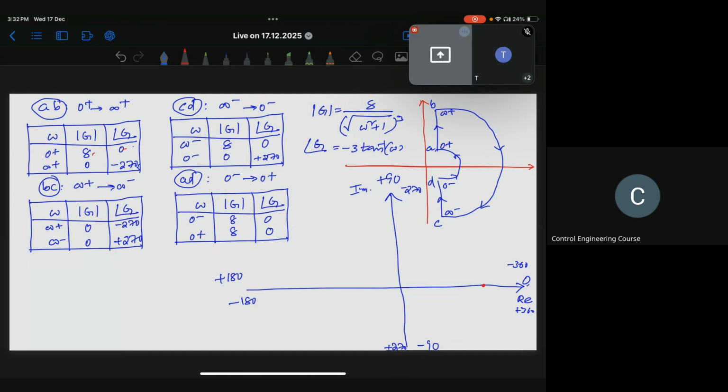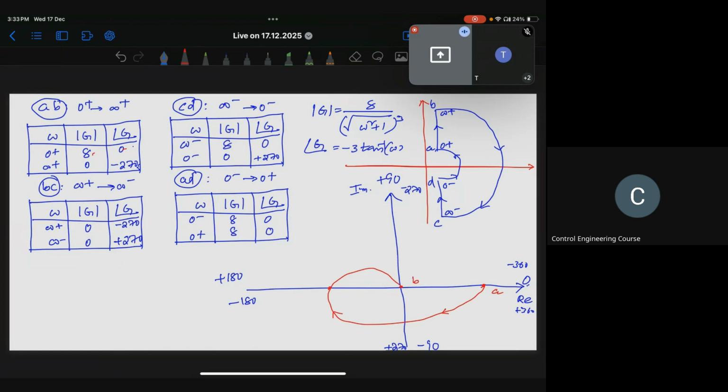So you will start like this, go in this way, to minus 270. This is one point, this is another point. This is how you will proceed. Next, this is A, and this is B.